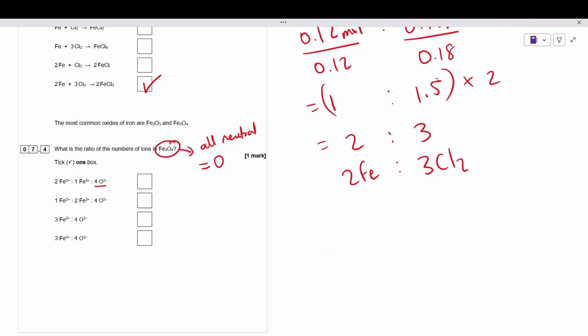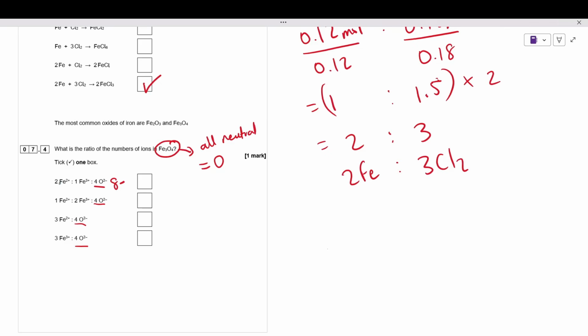So we have 4 O2 minus for all of them. So the overall charge here is going to be 4 times 2, so that's going to be 8 minus charges. So in order for this to be neutral, 0, we must also have 8 positive charges. So now let's see which will actually give us 8 positive charges.